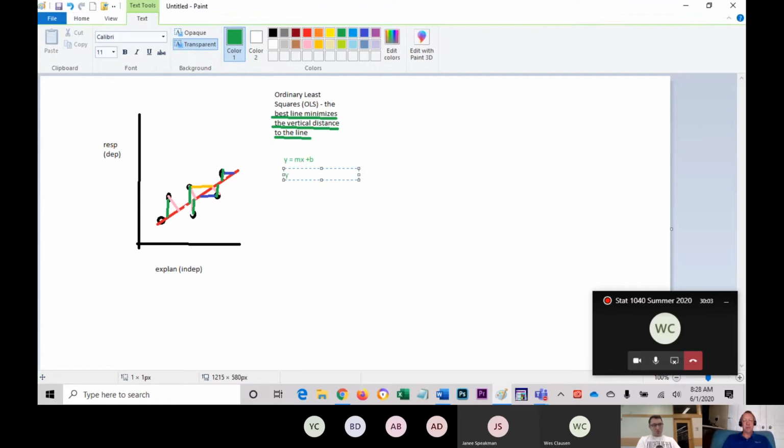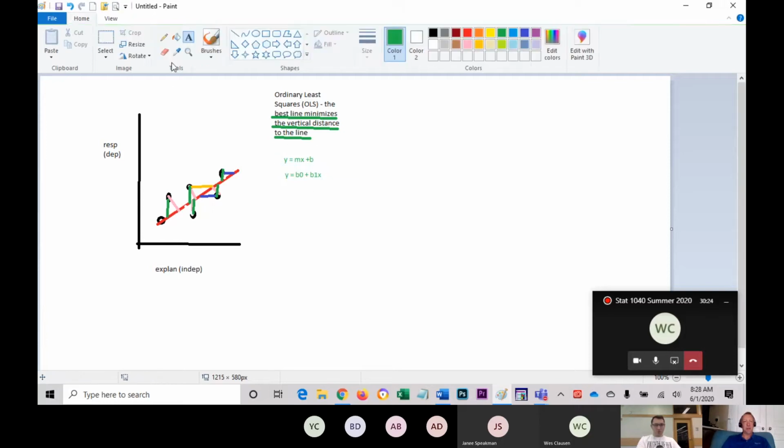I think in the book sometimes they do y equals b0 plus b1x, or sometimes they flip those around. I think that's terrible notation, and so I'm going to go back to y equals mx plus b, because that's what you're generally familiar with.